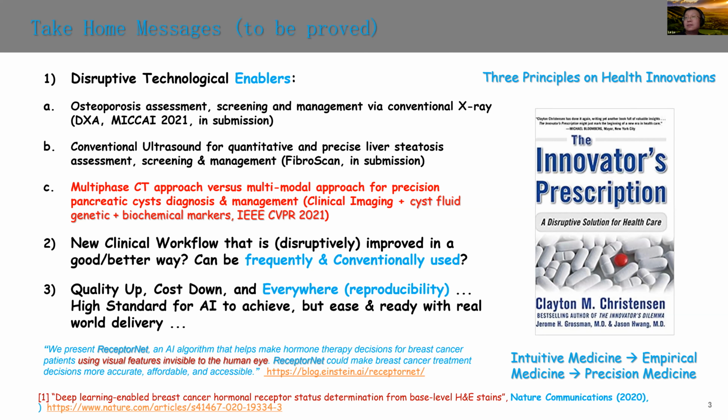And right now they have to use a special stain, which is very expensive and not very reproducible, to look at the receptor by human readers, right? But the deep learning algorithm can actually just look at the HE stains, the cheaper, more convenient way. They can achieve the same or even better results than human readers in this assessment.